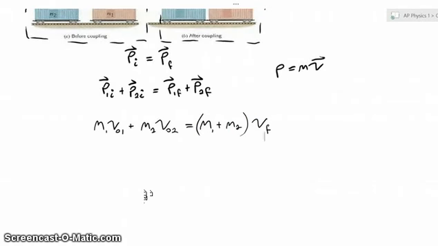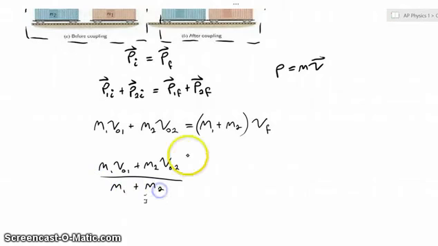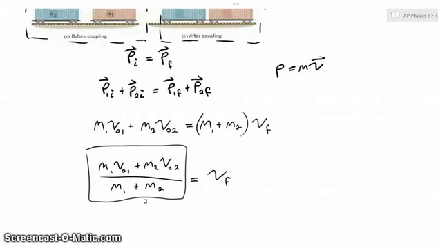And then we can solve, and we'll have mass 1, velocity initial 1, plus mass 2, velocity initial 2, over mass 1 plus mass 2 equals the final velocity. And that would be our answer. Plugging that into a calculator, we get that it is 1.1 meters per second.